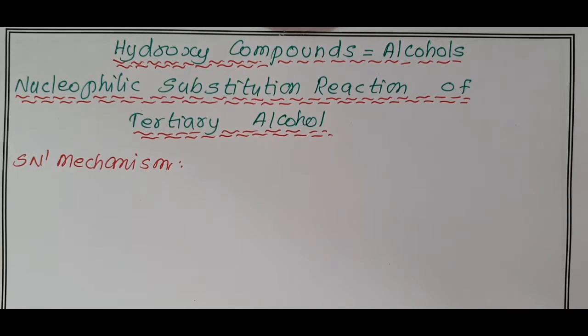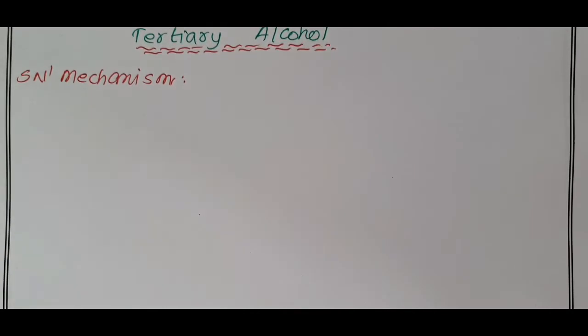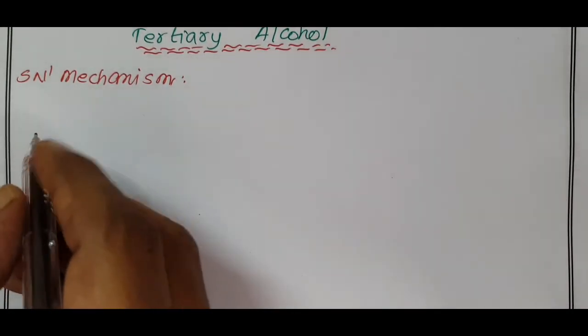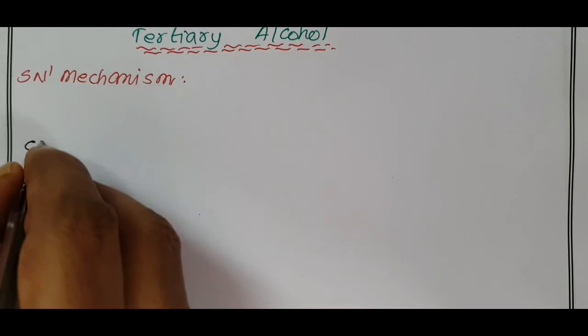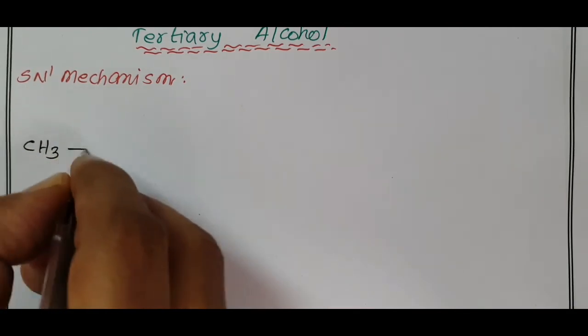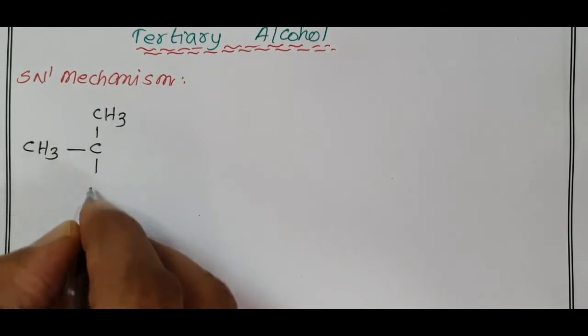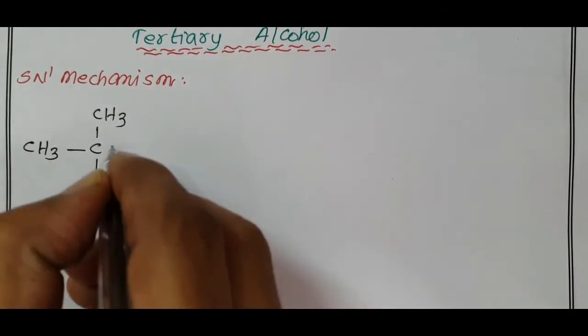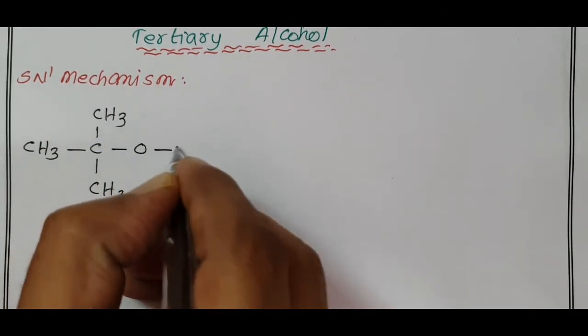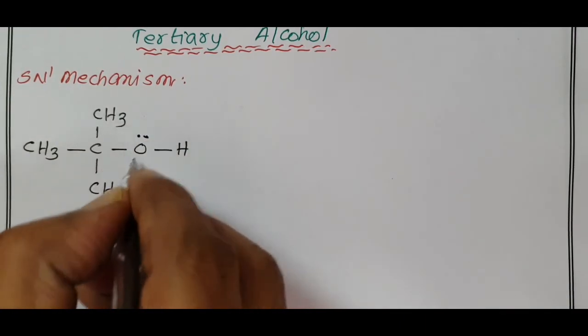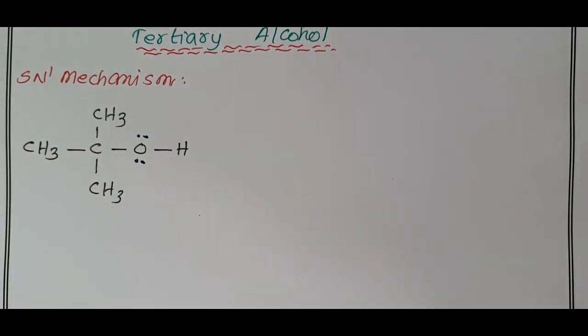An example of tertiary alcohol is tertiary butyl alcohol. Now we write the molecular formula: CH3, C, CH3, CH3, OH. Oxygen has 2 pairs of electrons on it. What is the IUPAC name of this compound?